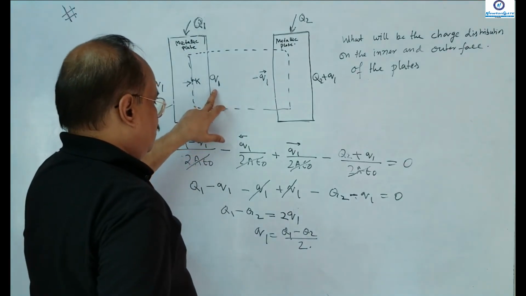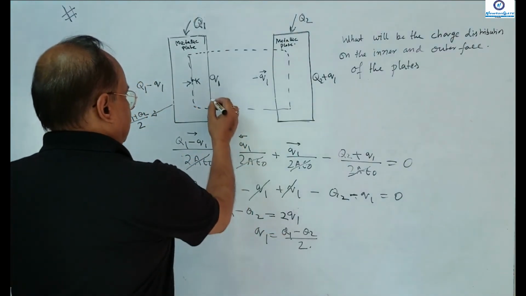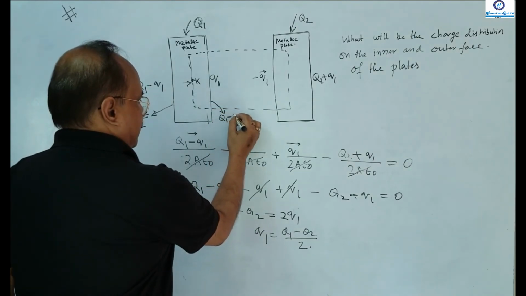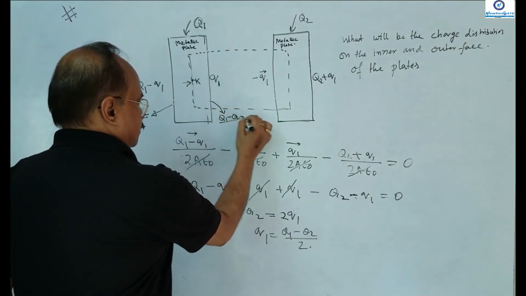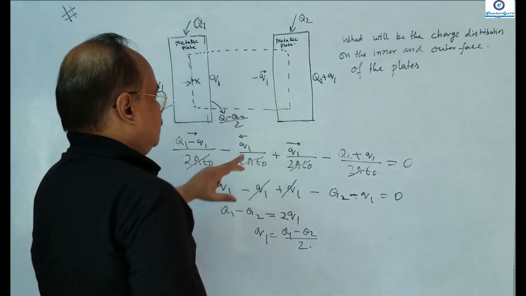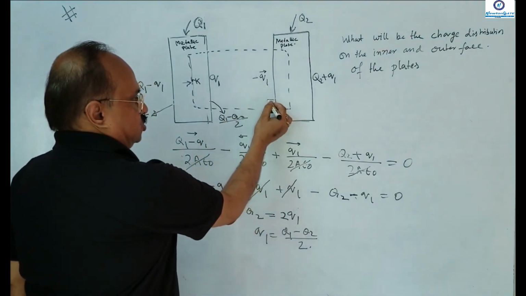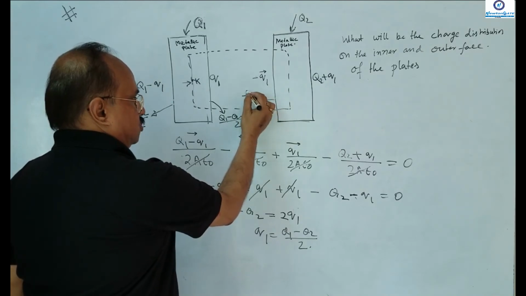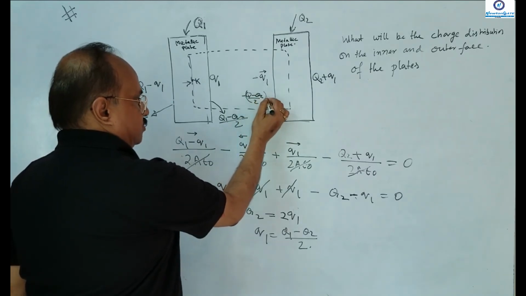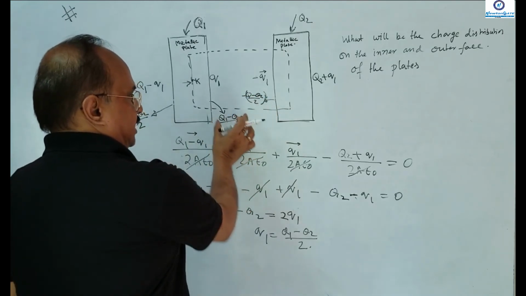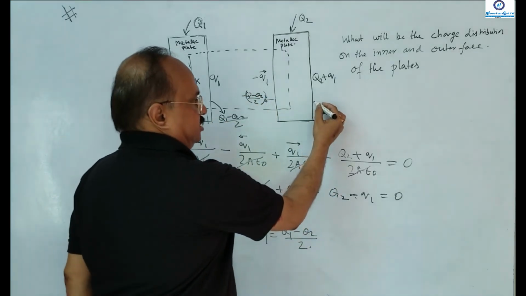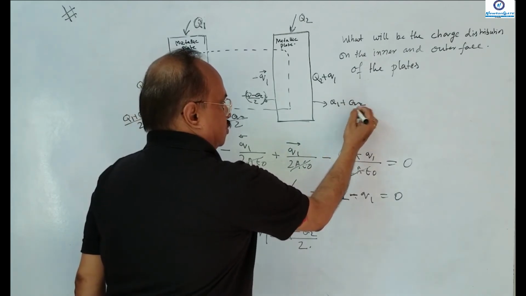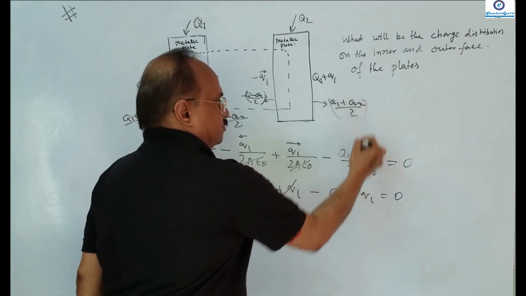And this side, the plate will have a charge of Q1 minus Q2 by 2, and this side, since this is plus, it will get minus Q1 minus Q2 by 2, just entirely minus, and this side it will be Q1 plus Q2 by 2, okay? It's okay.